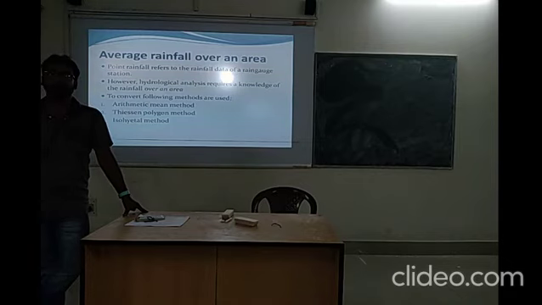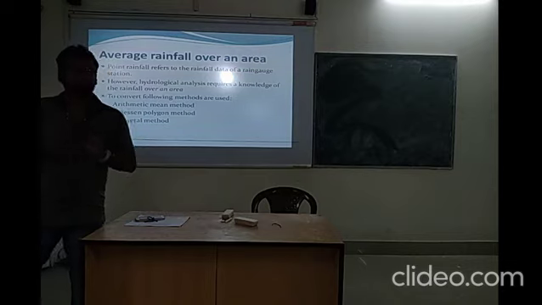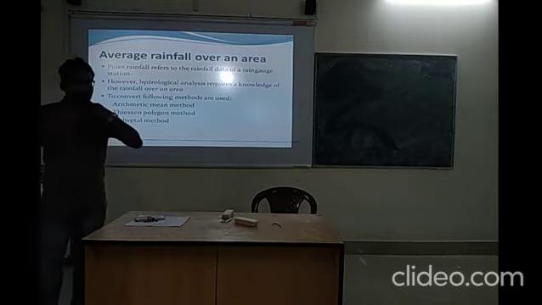Suppose in Durgapur you have 4 mm of rainfall today, but in Assam you have 60 mm. Overall, if you are trying to find the rainfall in this district, then what you have to do is average it. Clear? So you average over all the rain gauge stations in your catchment area.